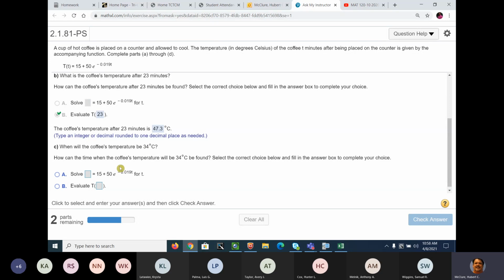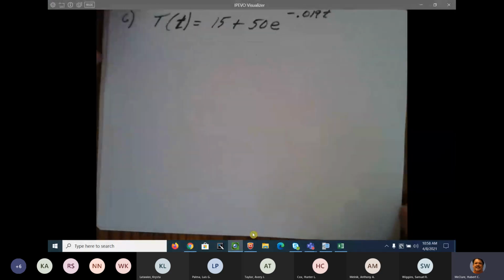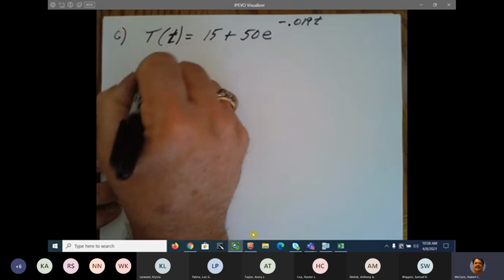T of t is equal to 15 plus 50 e to the negative 0.019 t. And they want to know how many minutes it will take for the drink to get to 34 degrees.